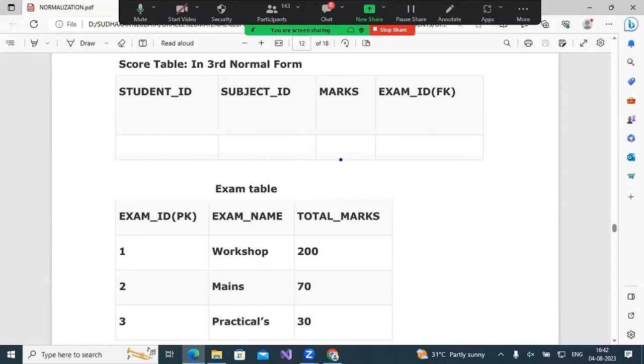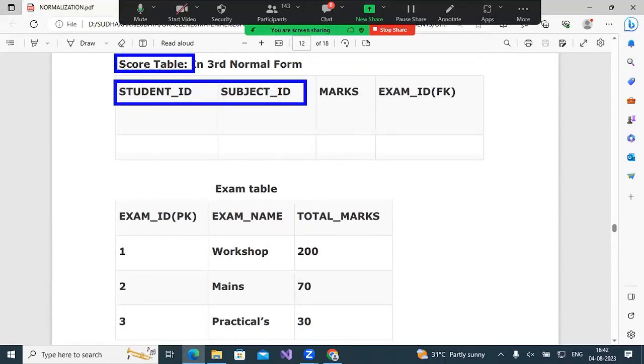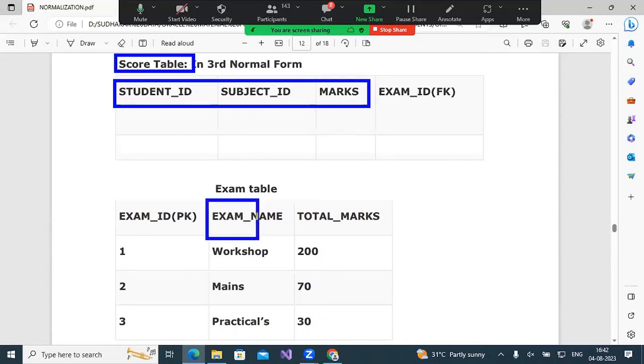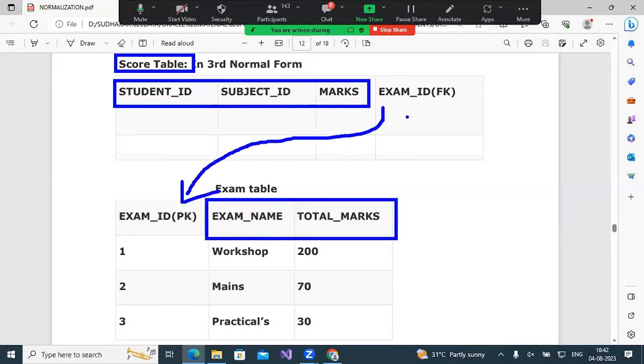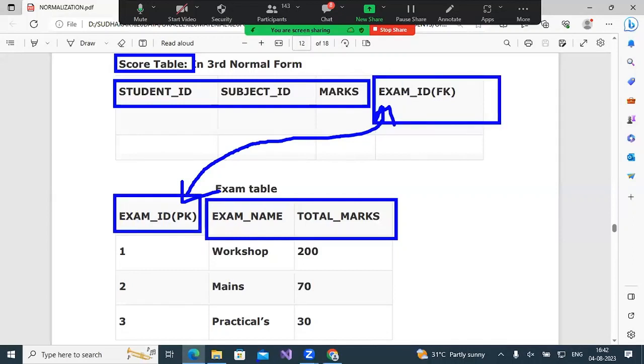In the first score table, as usual I kept student ID, subject ID, and marks. In another table I created examination name and total marks. Both tables make a relationship with one common column, that is called Examination ID. Now you can see in this table, marks depends on both of them, which means it is a full dependency.